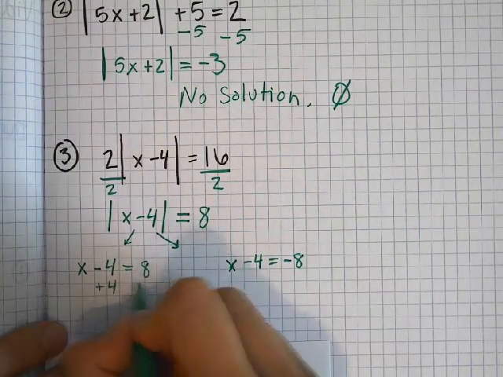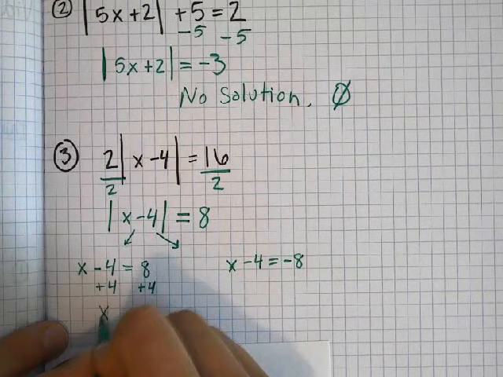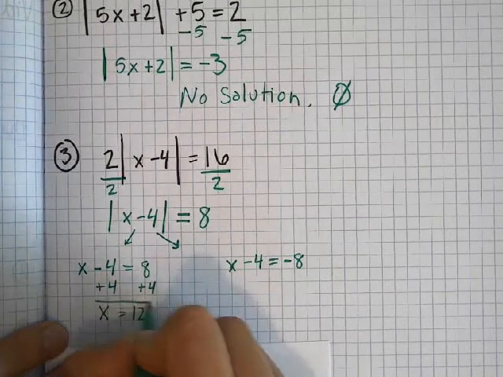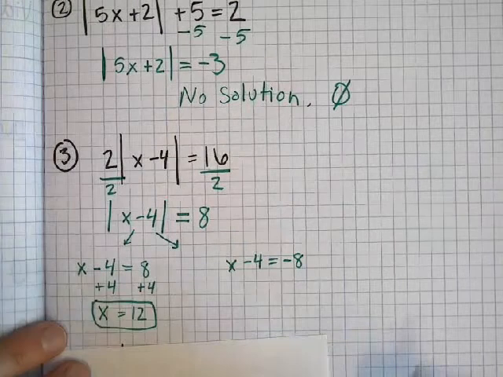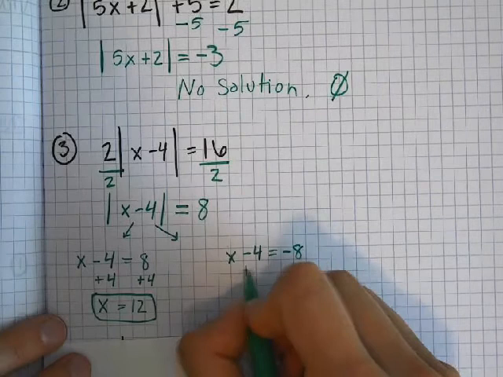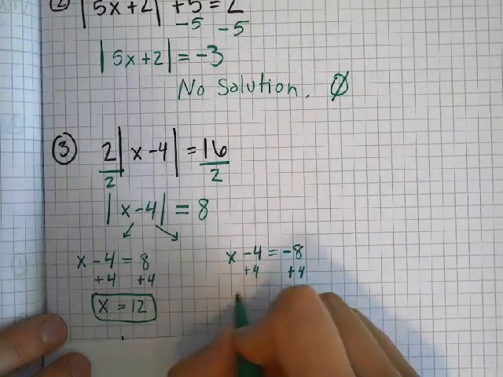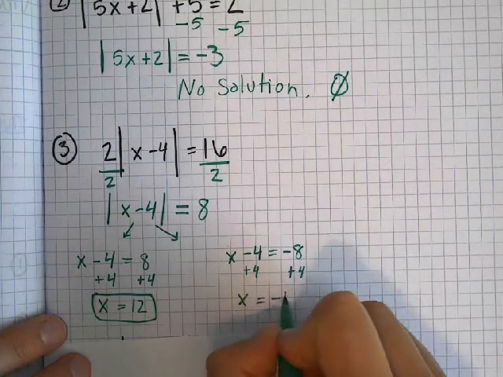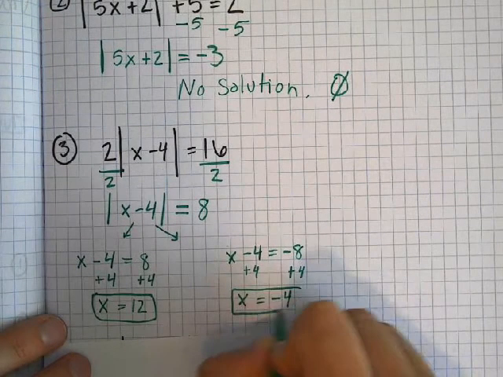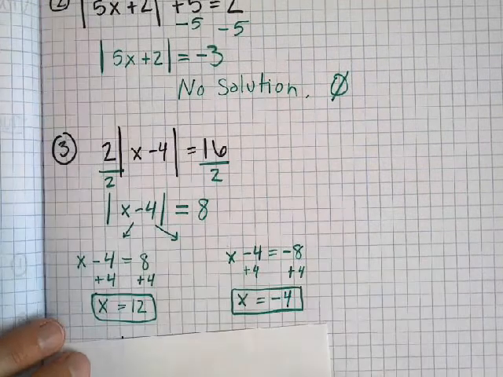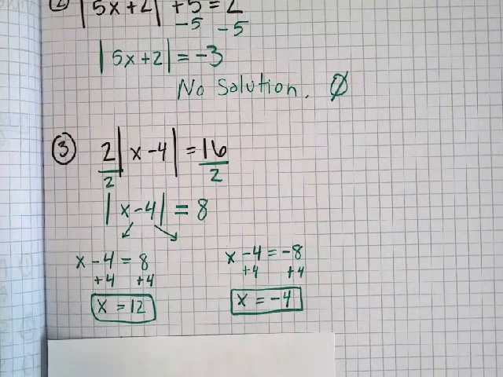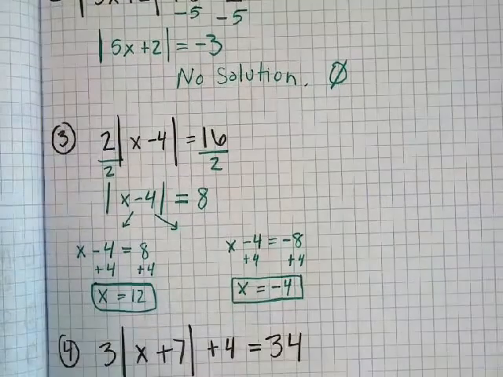Now this is an easy one-step equation. Once we get rid of those absolute value bars, our solving becomes pretty easy. So we've got -4 and 12.